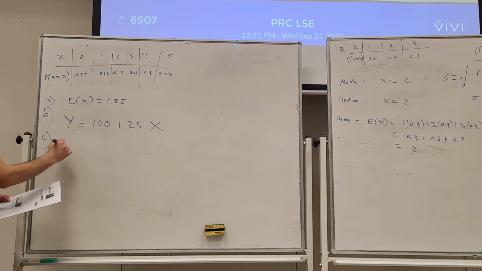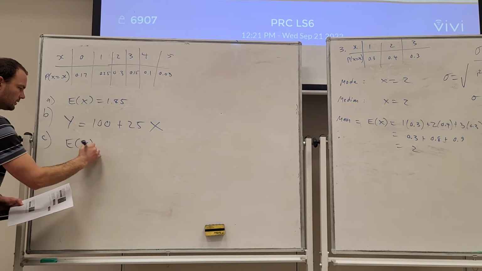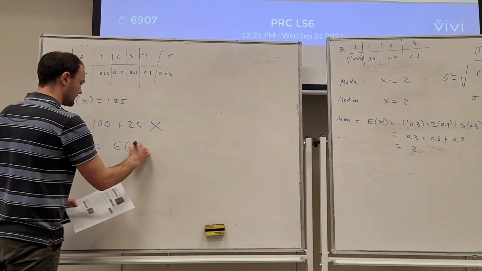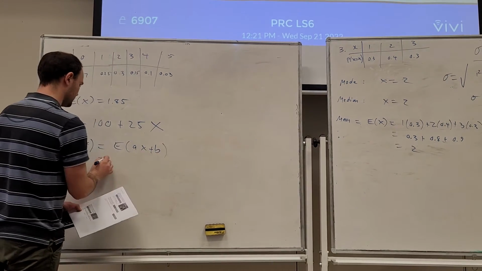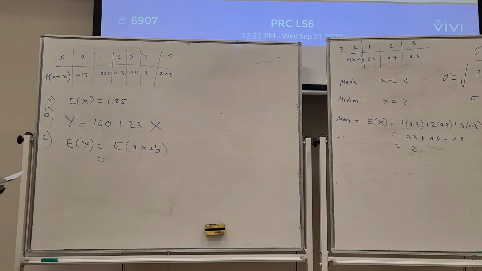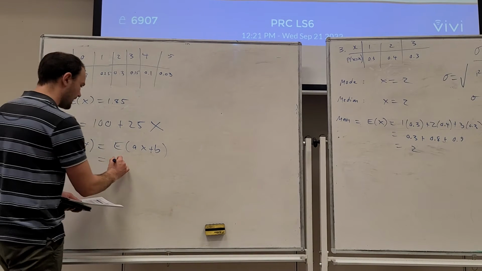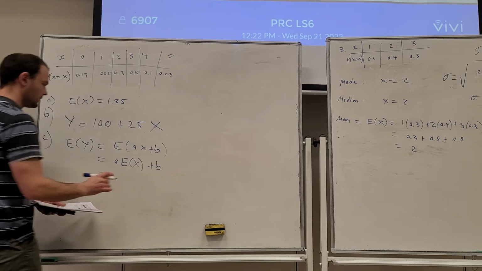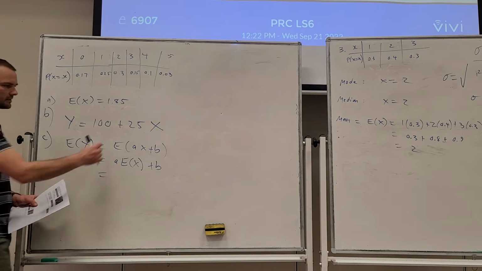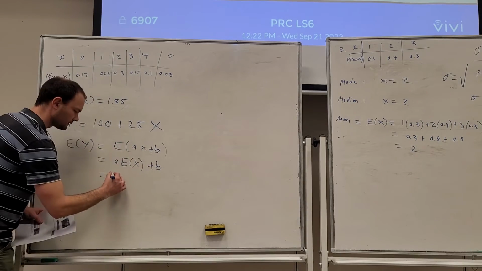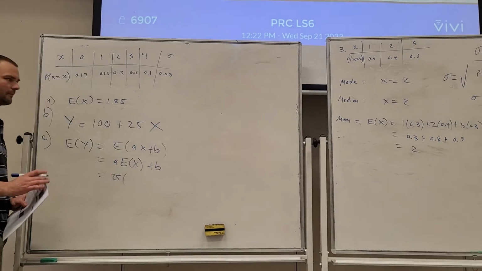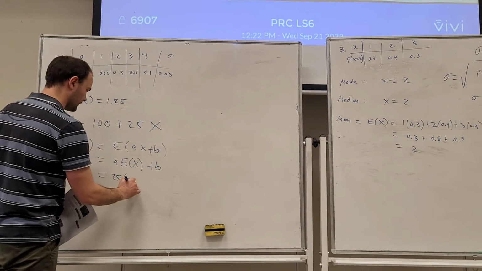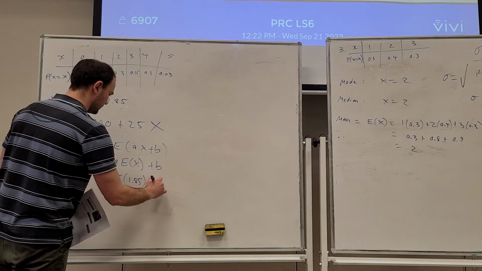Y is proportional to X, right? So E of Y is equal to E of aX plus b. So this is on the formula on the other side, which is a times E of X plus b, which in our circumstance is going to be 25 times, what was the value of E of X? 1.85, and then plus 100.